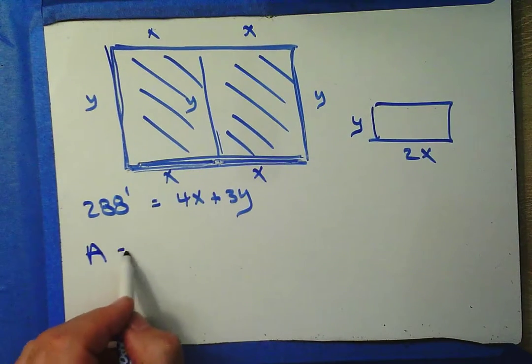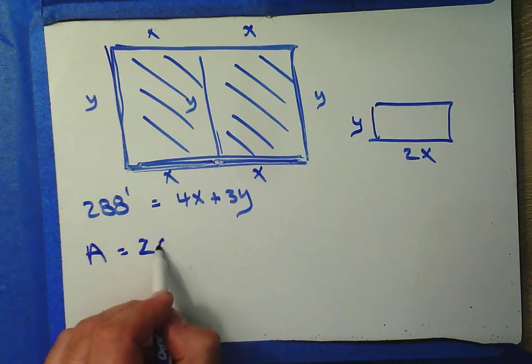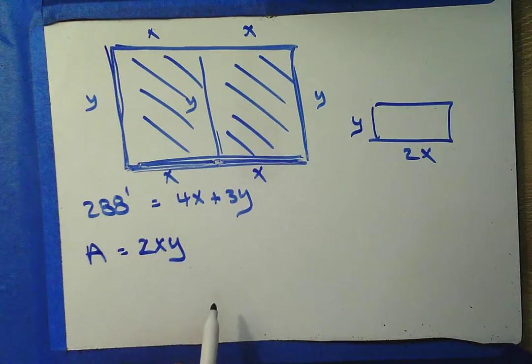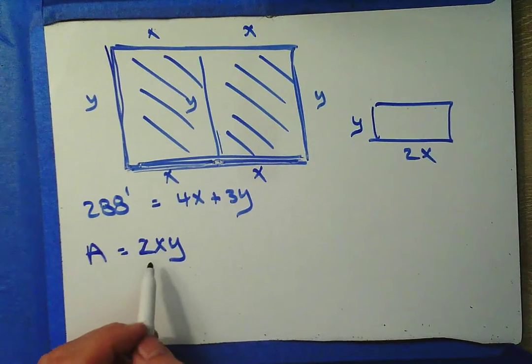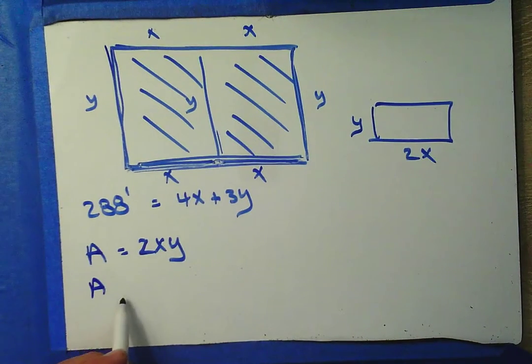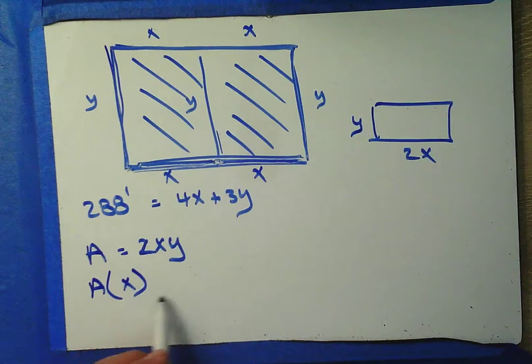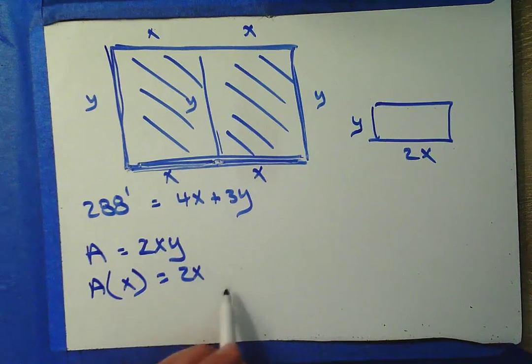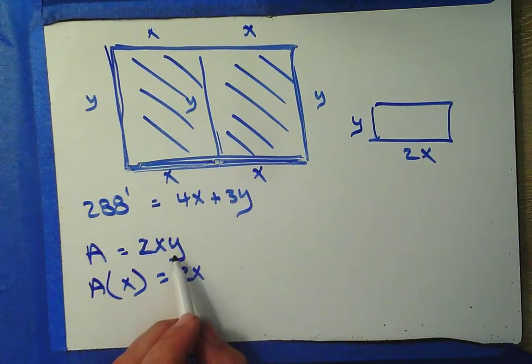So here's my area function, 2x times y. But again, just like in the last problems, this is not in terms of one variable. So I really want to get area in terms of one variable. Uh-oh, I need to get rid of y.